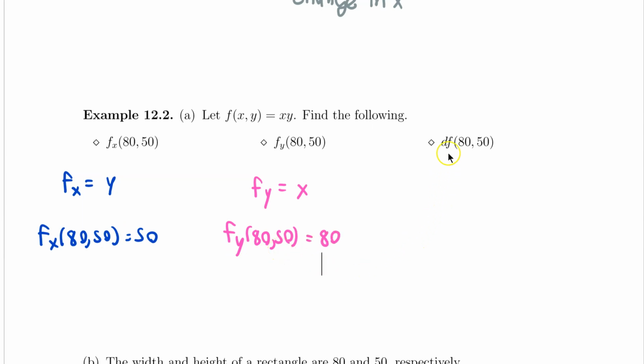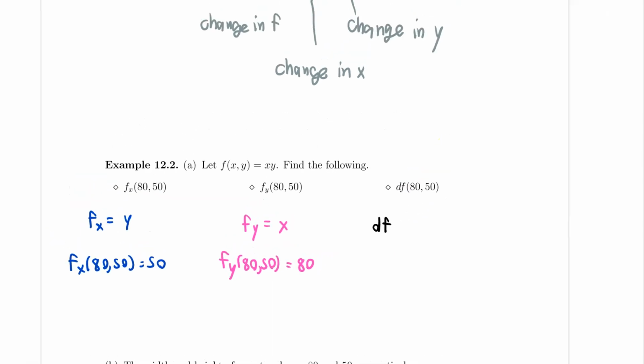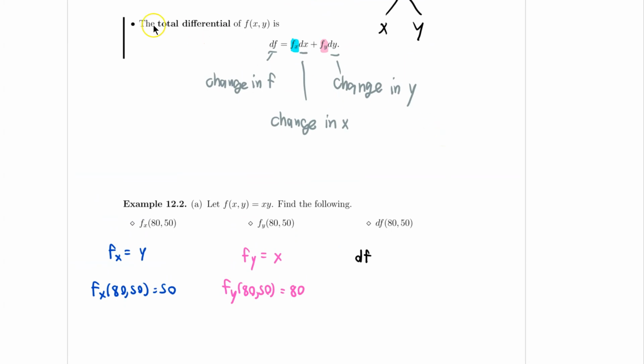Now, if I want to find df, which by the way is called the total differential, then I can go ahead and use this formula here. df is going to be the partial derivative with respect to x, f sub x times dx, plus the partial derivative with respect to y, f sub y times dy.